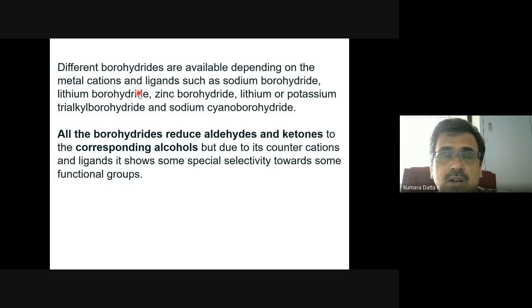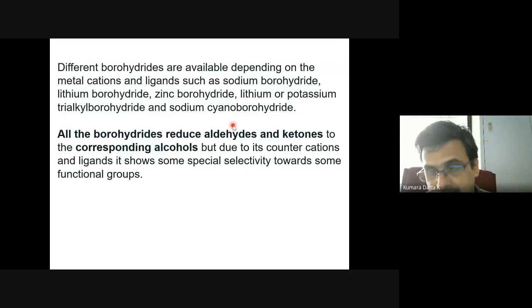We are all aware from the literature that there are several kinds of borohydrides. Borohydride means BH4 minus, which depends on the metal cations and ligands, such as sodium borohydride, lithium borohydride, zinc borohydride, potassium trialkyl borohydride or sodium cyanoborohydride. So we have cyano as well as hydride and borohydride groups.